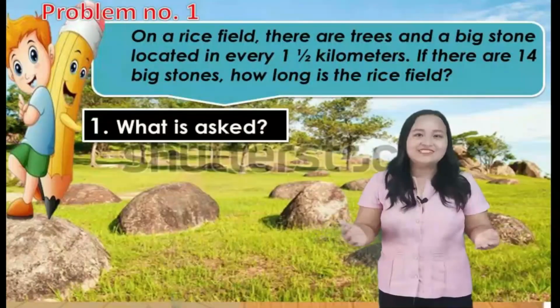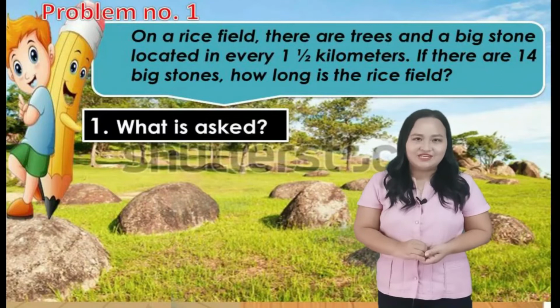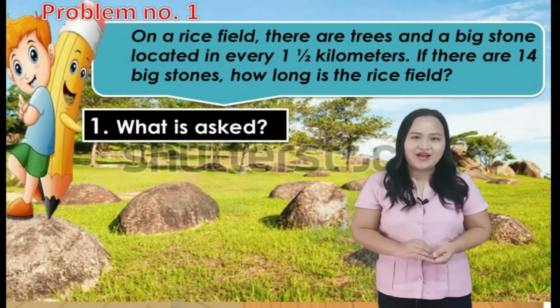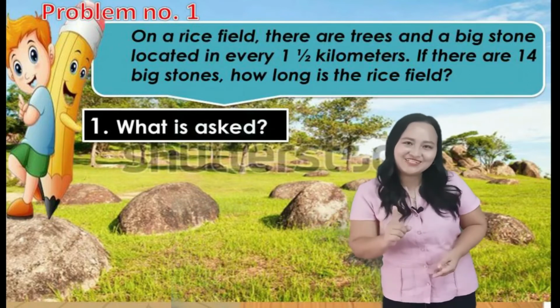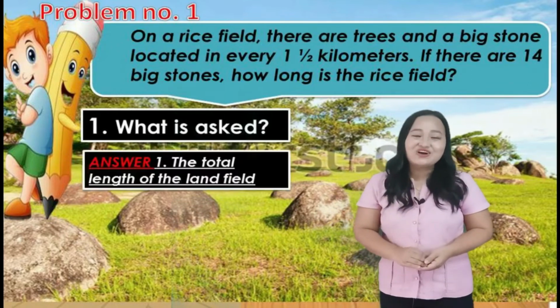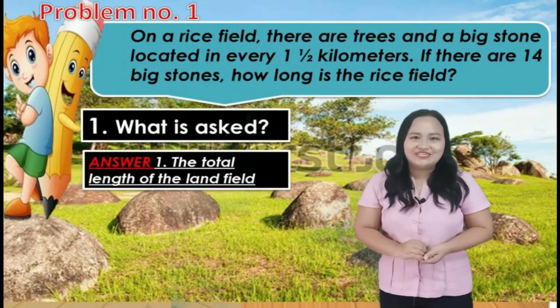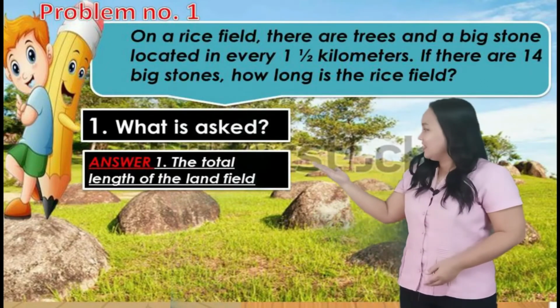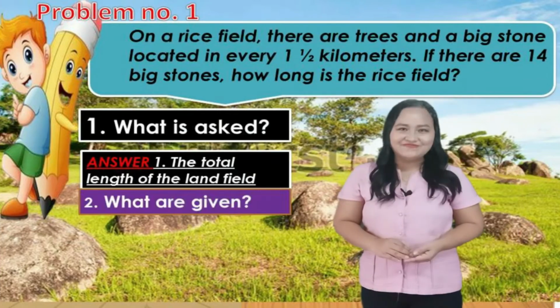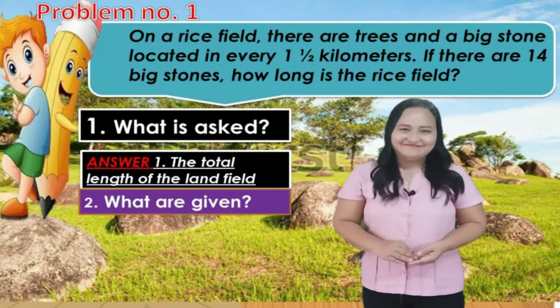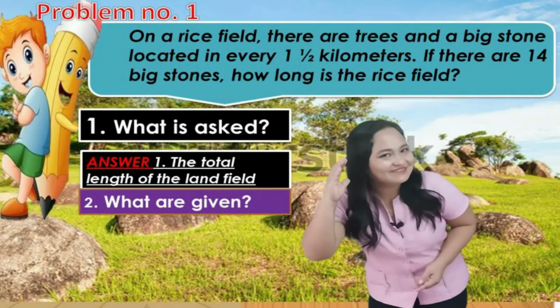Let us answer the steps in problem solving. For question number 1, what is asked? What is your answer? Correct! The answer is the total length of the land field. For question number 2, what are given? What's your answer?